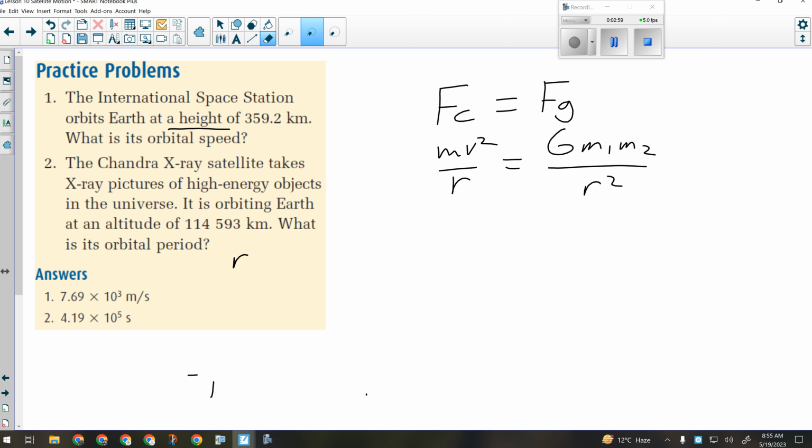So in order to get the true orbital radius, we've got to go 6.37 times 10 to the 6 plus 359,200 meters, because it has to be in meters. Oh, I forgot to start my calculator.